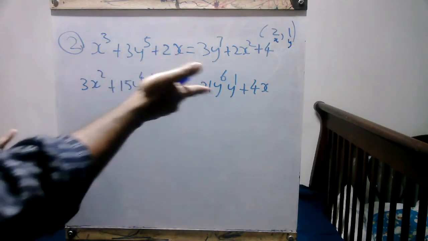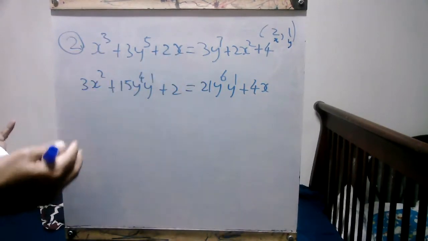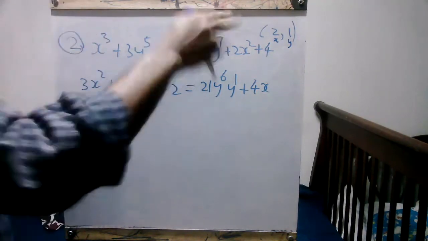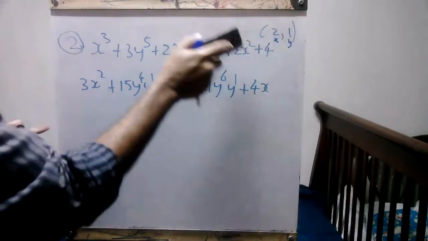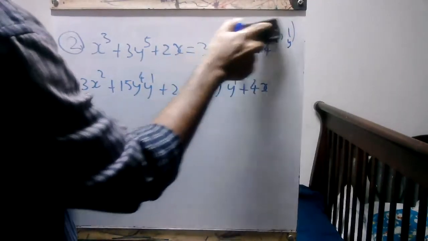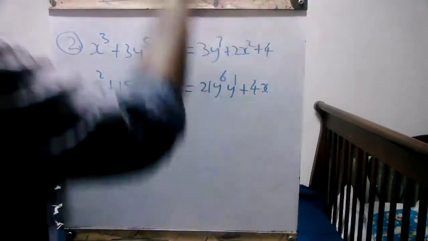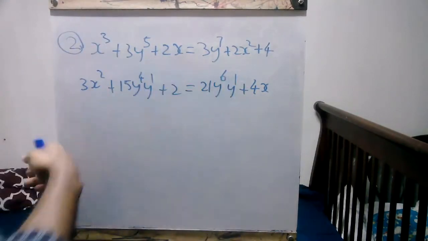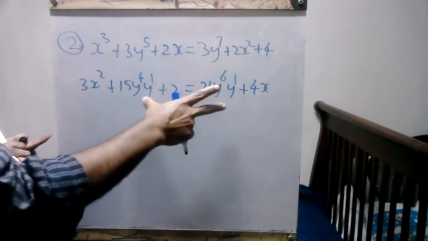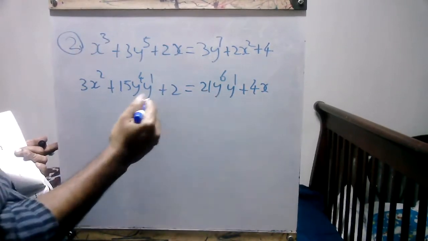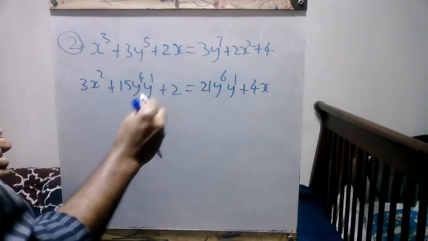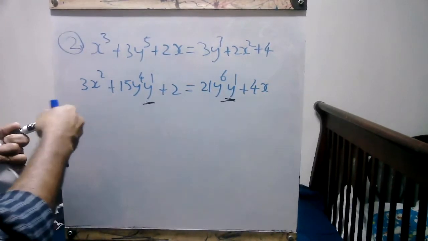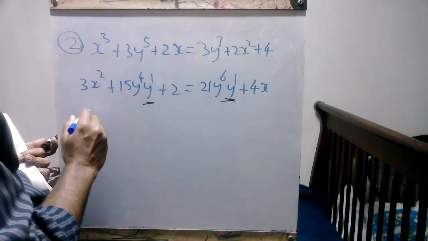Now we can solve this. If the question is just asking you to find the derivative, no tangent line, nothing, you move those terms with y prime to the left.